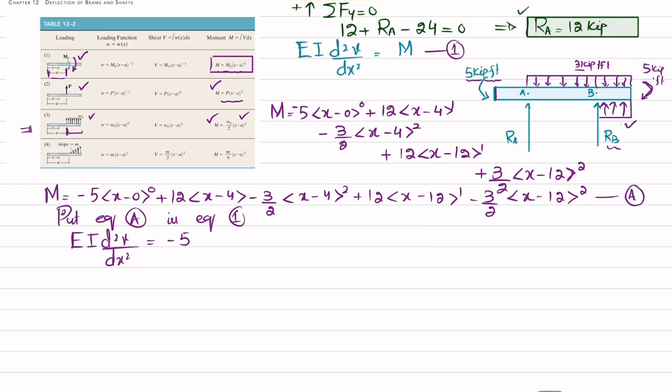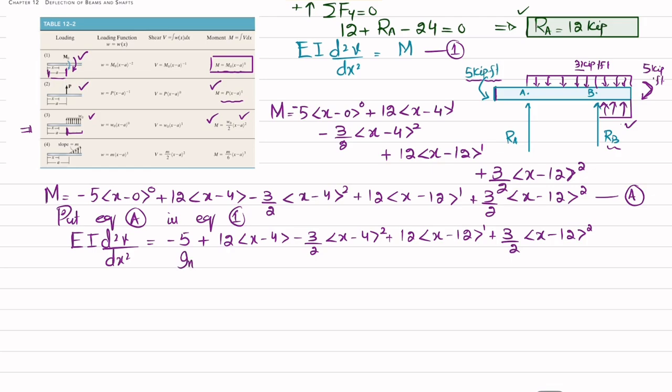X minus 0 is x power 0, which is 1, so minus 5 plus 12 into x minus 4 minus 3 over 2 into x minus 4 whole square plus 12 into x minus 12 whole power 1 plus 3 over 2 into x minus 12 square.